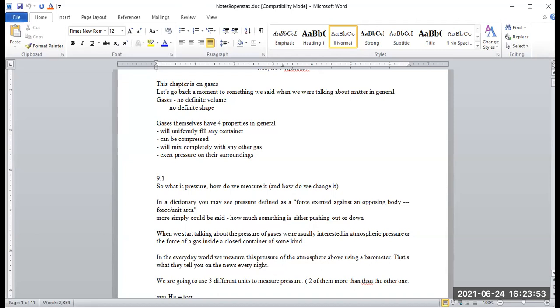You can compress them. So if you happen to own an air compressor, whether for your power tools or filling your air mattress, the idea is that you can force air into a closed system at pressure.